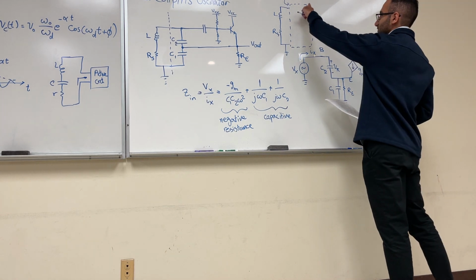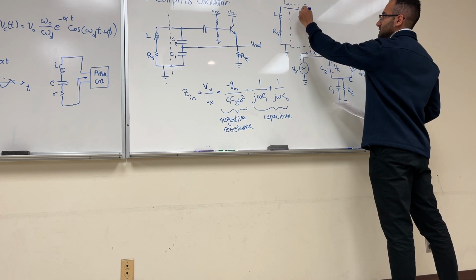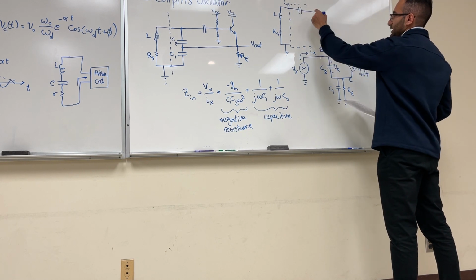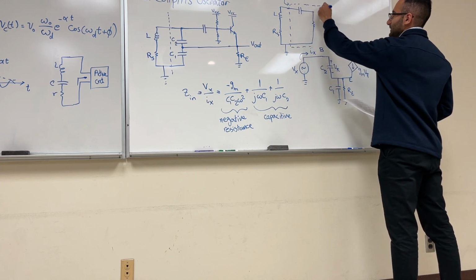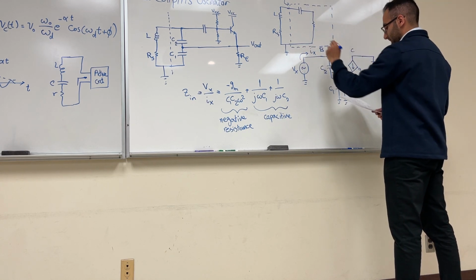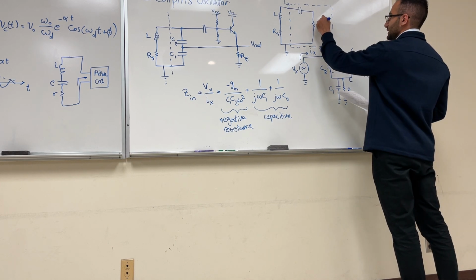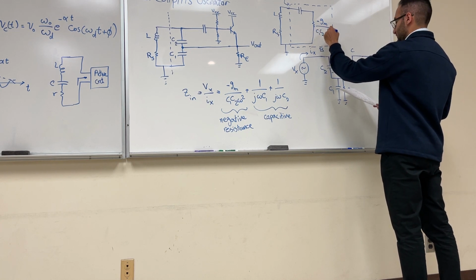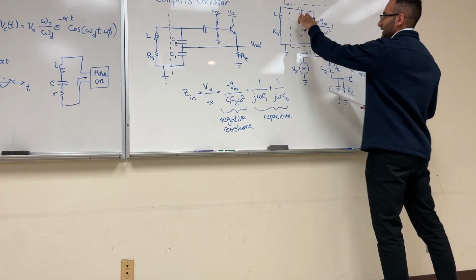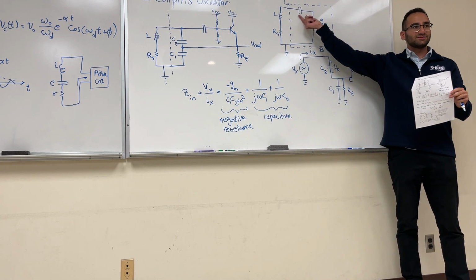So, if I want to fill this out, what I'm seeing is one cap and one resistor. And the value of my resistor is negative gm over C1 C2 omega squared. And can anyone tell me what this capacitor is going to be equal to?